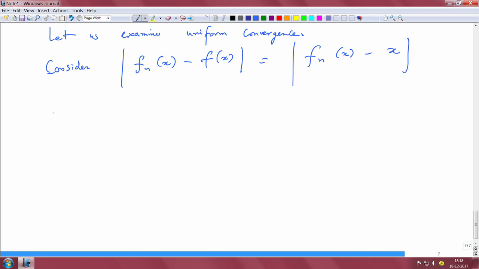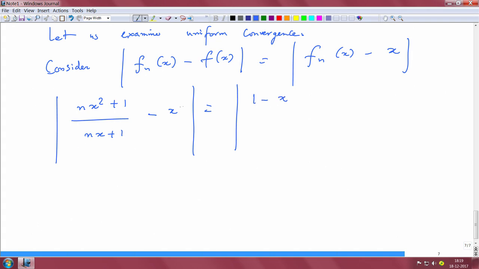So plug in Fn(x), we get (nx² + 1)/(nx + 1) minus x, which is basically absolute value of 1 minus x. So just multiply nx + 1 with x, and then you cancel out nx². So you get |1 − x|/|nx + 1|, and then x is positive. So therefore the denominator we can say it is nx + 1, and this is 1 plus mod x.